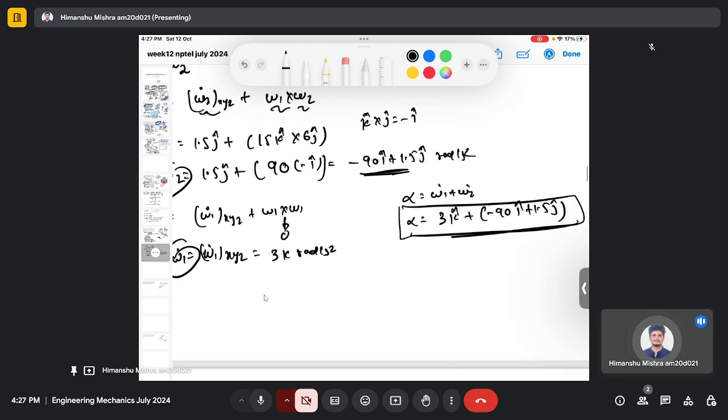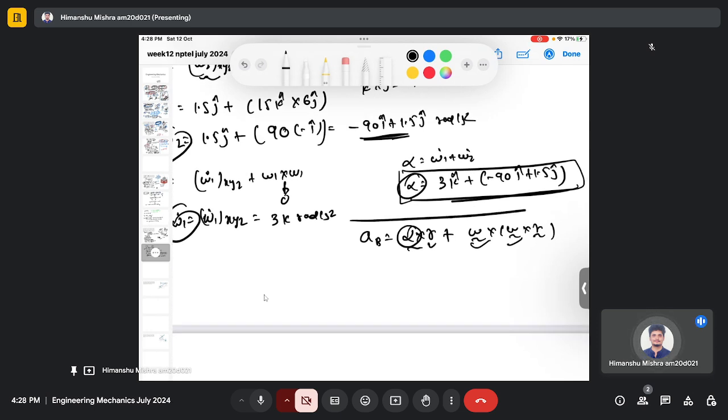Now we have been discussing so far that to calculate the acceleration we need the angular acceleration vector as well as the angular velocity. We have calculated this angular acceleration vector here, and we know this angular velocity also.